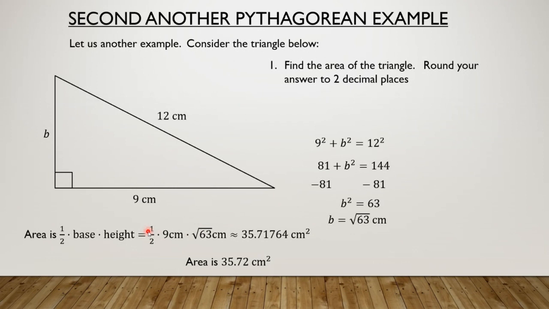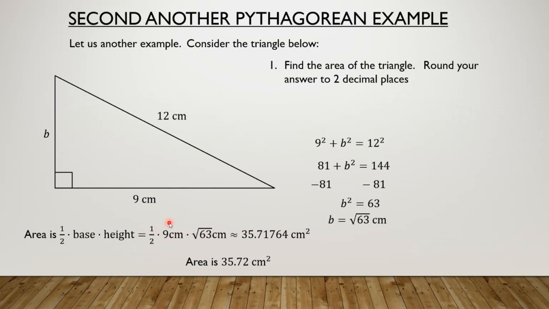I'm sorry, say again, please. Like you just multiply 0.5 times 9. You could do that, yeah. 1/2 is the same as 0.5. Oh, okay. Or you could do 1 divided by 2, and that'll give you 0.5, and then you can multiply. Oh. Does that make sense? Yes, it does. Thank you.